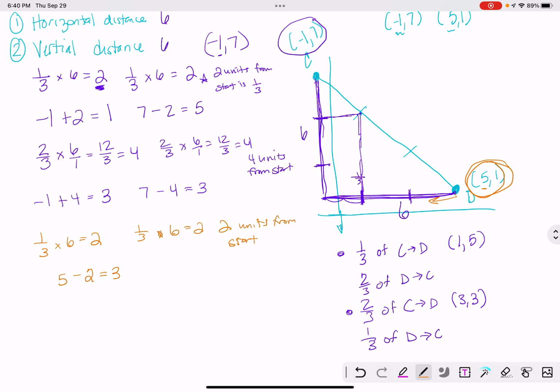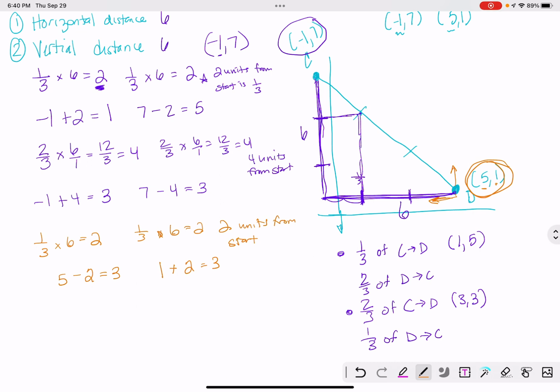And then I'm going to do the same thing for my Y. My starting Y is 1, but now I'm going up. So now I'm going to say plus those 2, which gives me another 3. Okay, so because I was going left here, it's 5 minus 2.